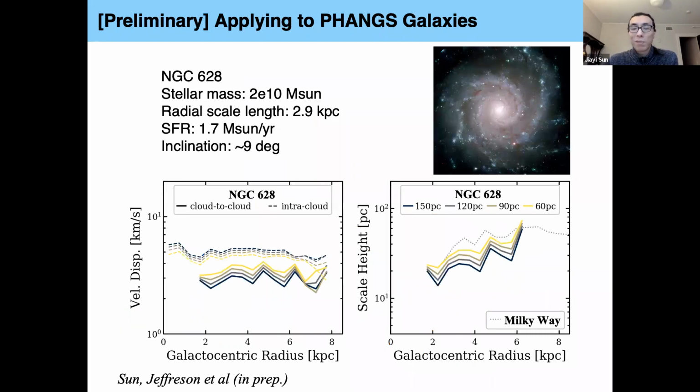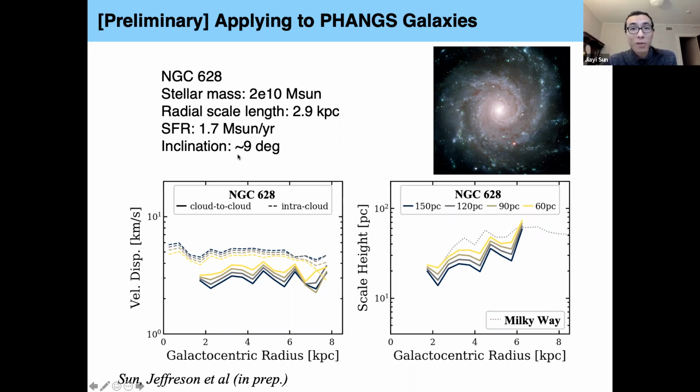These are plots that I just made, hot off the press. They are preliminary, but I think they are already illuminating in some sense. The left-hand side here is the measurement in the nearby galaxy NGC 628. The typical parameters like stellar mass, radial scale length, and star formation rate are close to the Milky Way level.